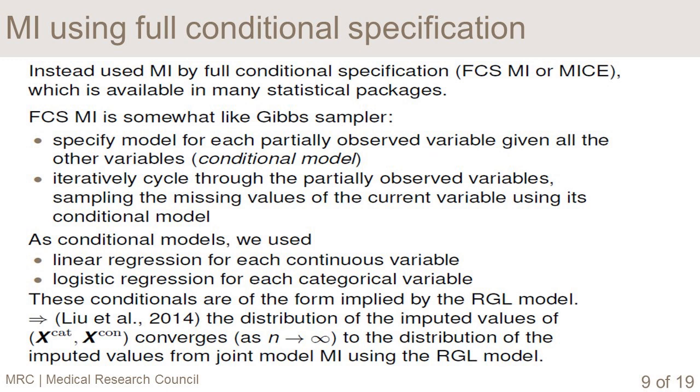They showed that when you use FCS MI in this way, the distribution of the imputed values that you get converges, as the sample size increases, to the distribution of the imputed values that you would have had if you had used joint model MI. So in other words, informally speaking, this procedure is asymptotically equivalent to using joint model MI under the RGL model.